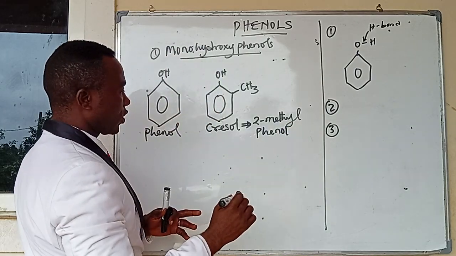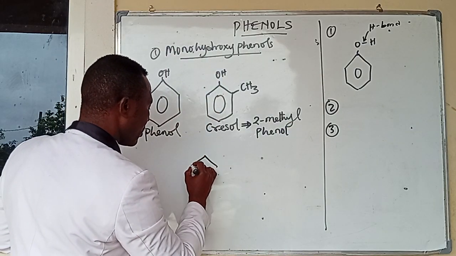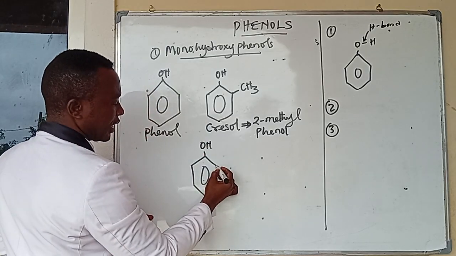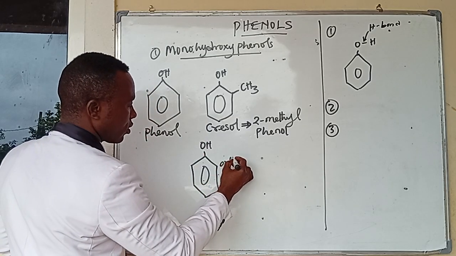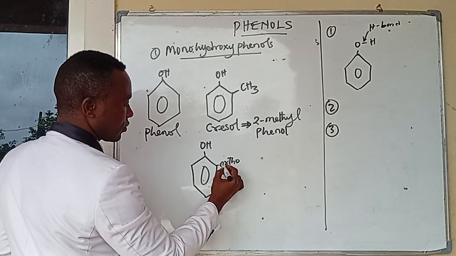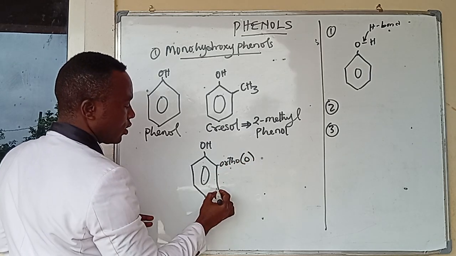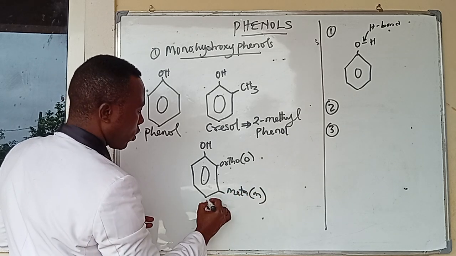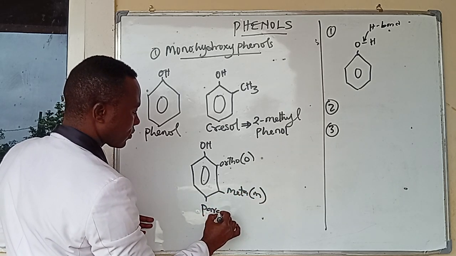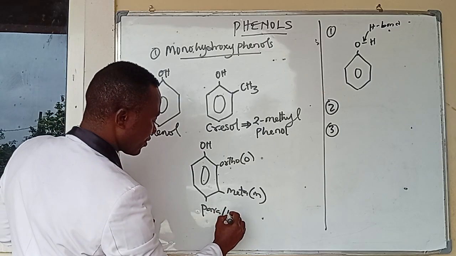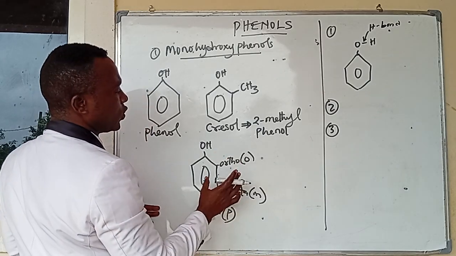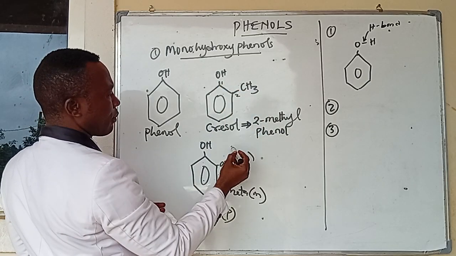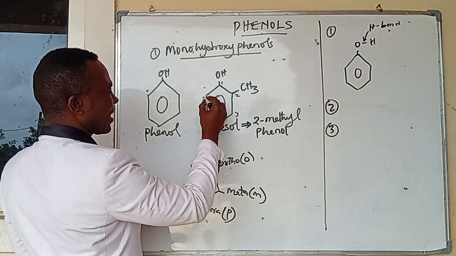When we have a group here, OH, this place is called the ortho position, represented by O. This place is called the meta position, represented by M, while this place is called the para position, represented by P. The carbon numbering is 1, 2, 3, 4, 5, and 6.